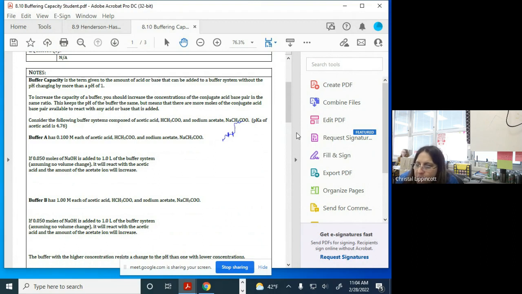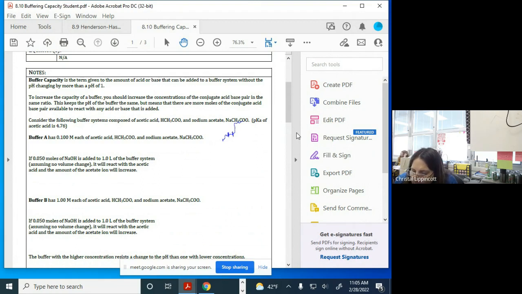Okay, so here we have an acetic acid sodium acetate buffer. This is the pKa of that material. If we have 0.1 molar acetic acid and 0.1 molar sodium acetate, they're asking if 0.05 moles of OH is added to that system, it will react with the acetic acid and the amount of the acetate ions will end up increasing.